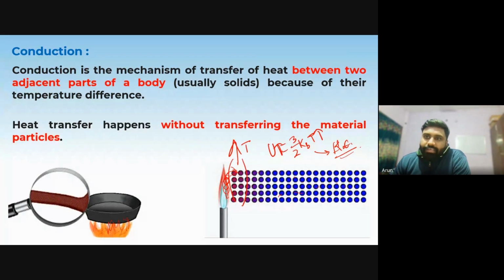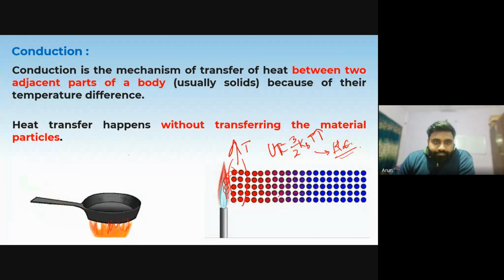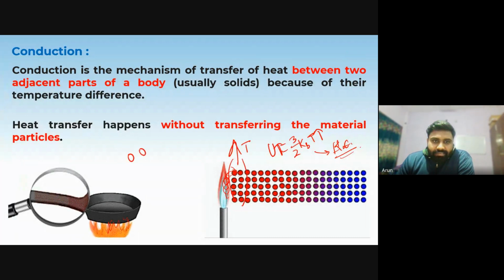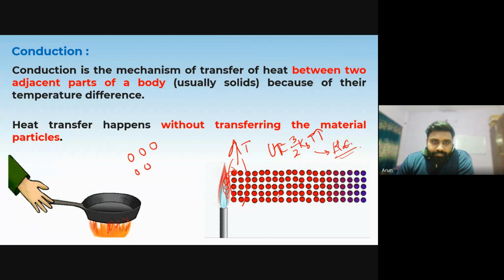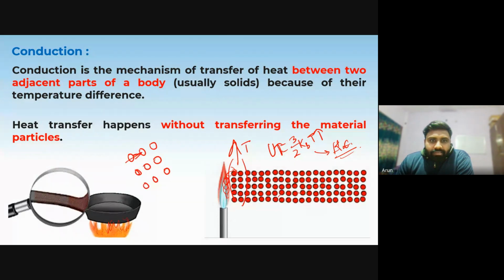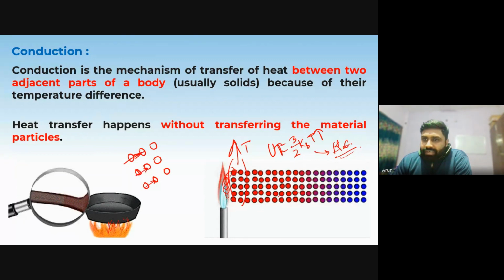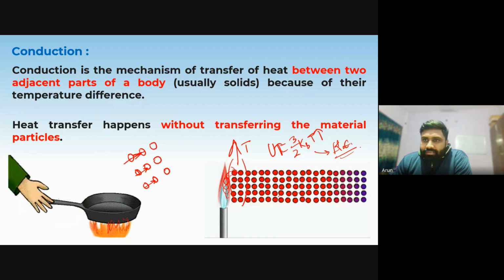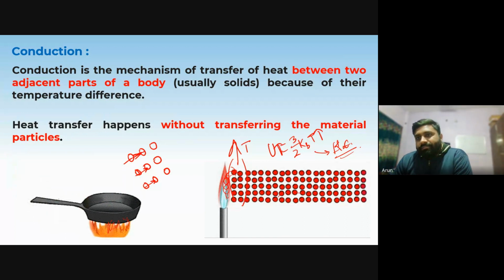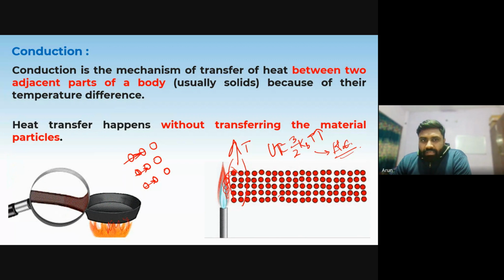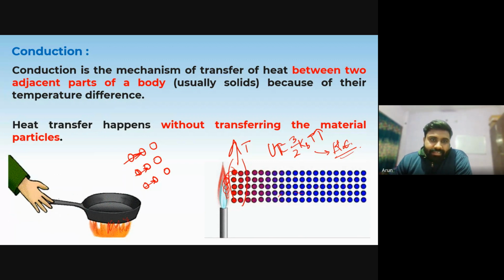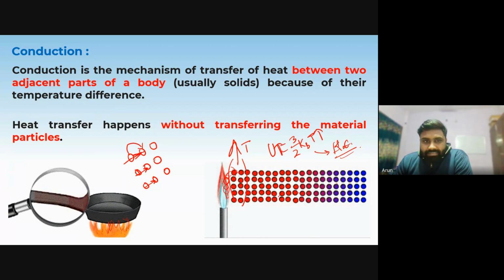If this is one atom and this is another atom, then due to vibration this will strike this atom more rapidly, and this will strike the next atom. So the rate of collision will increase, and that is why the rate of energy transfer will also increase.